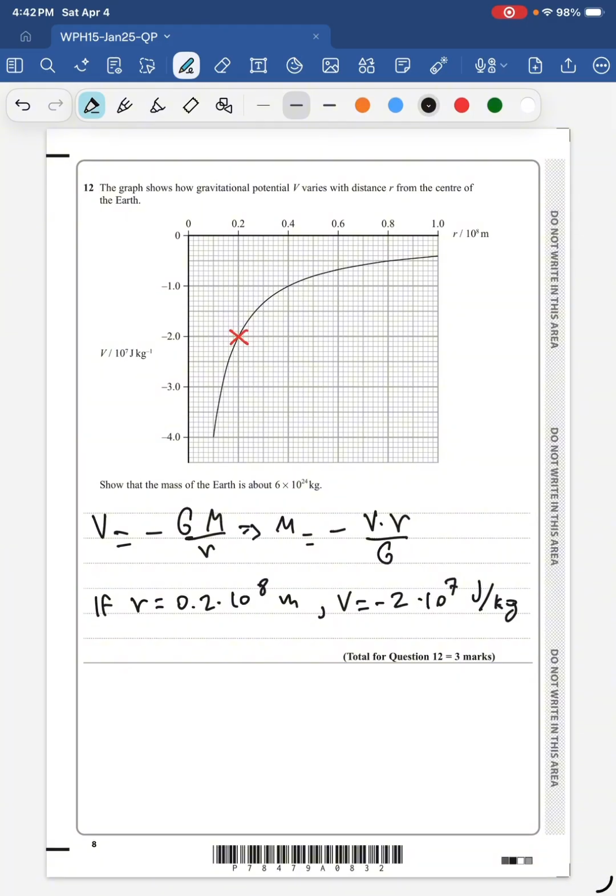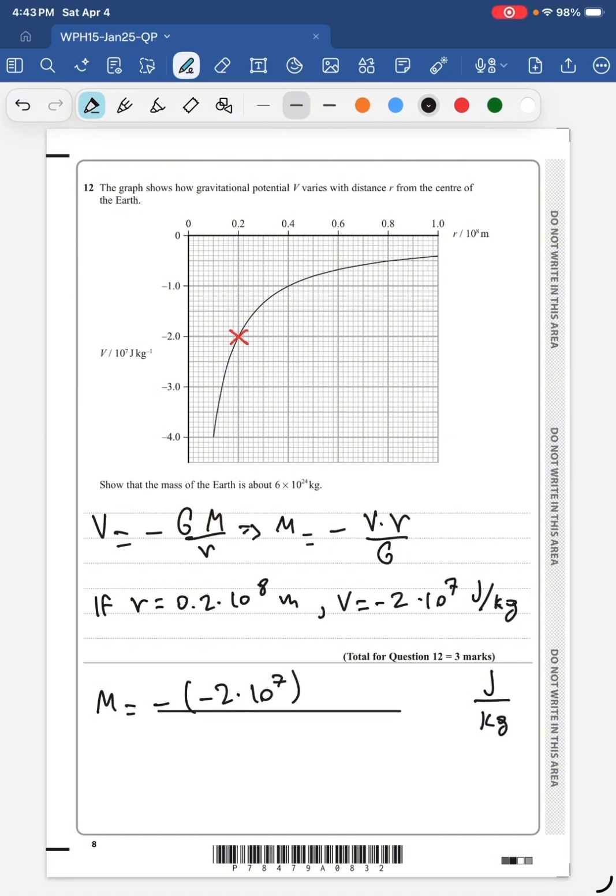Okay, so if we plug in this value, we have M is equal to minus minus 2 times 10 to the 7, right? And then this is joules per kilogram. Whenever I plug in numbers, I put the numbers to the left and I put all the units to the right. This is a technique I like to follow.